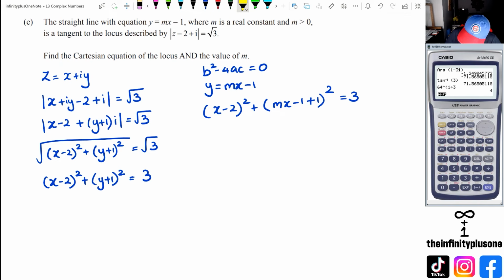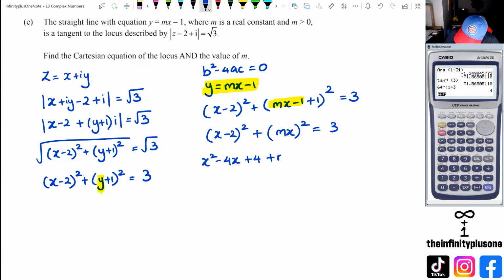So all I've done here is put y equals mx minus 1, and I've replaced the y with mx minus 1. So now I could rewrite this as x minus 2 squared plus mx squared equals 3. I'm going to expand the brackets. I've got x squared minus 4x plus 4 plus m squared x squared equals 3.